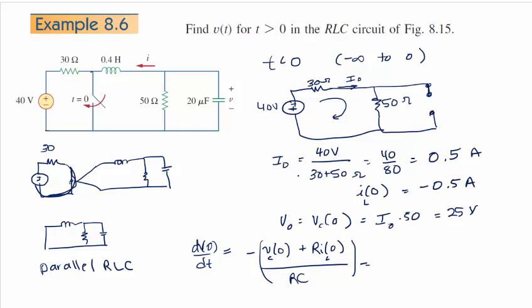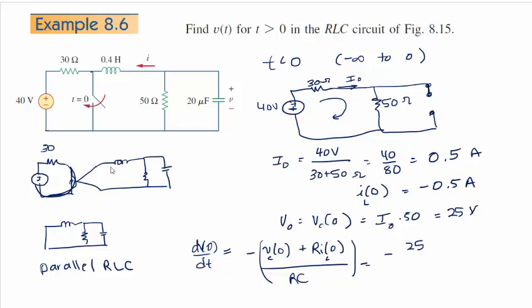The initial voltage we found in the capacitor right there is 25 volts. And the initial current in the inductor over here. Remember there's no initial current over here because this is an open circuit.